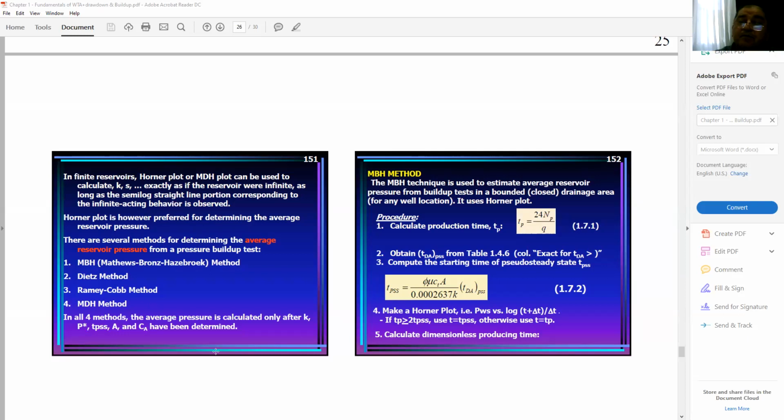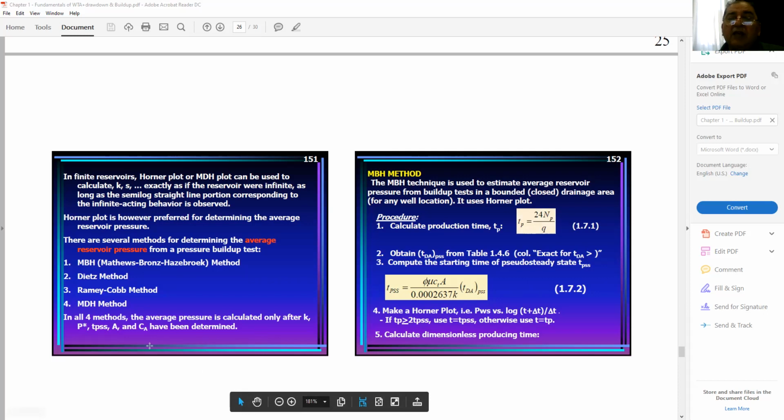And then we need to calculate what is called TDA, the starting time of pseudo steady state. The starting time in dimensionless form for pseudo steady state, from where we can get TDPSS. This could be taken from table 146.